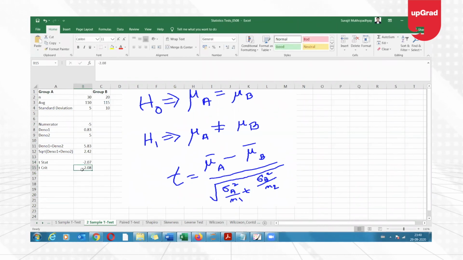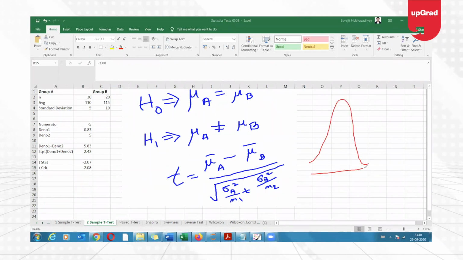So if I had to draw a graph, if this is my mu and this is my t critical and this is where my t calculated is, very close, it's like neck to neck.